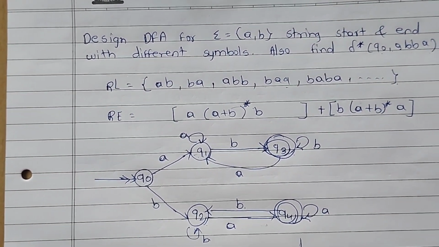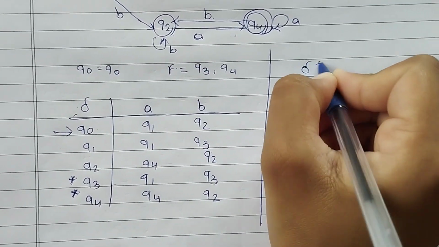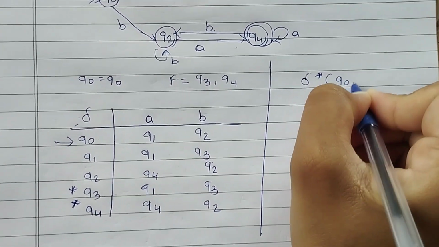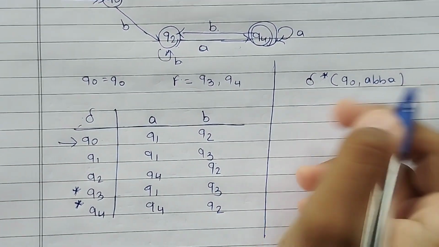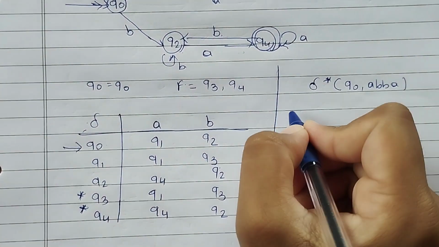Let's prove it. So our delta star of Q0, ABBA. First we separate all these symbols one by one.